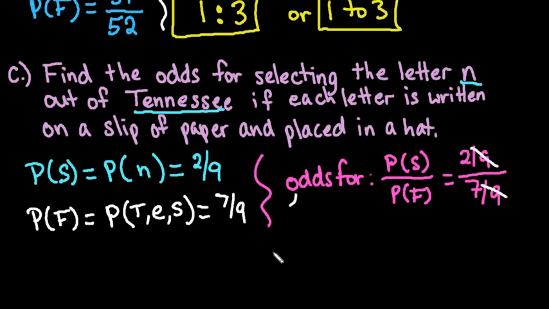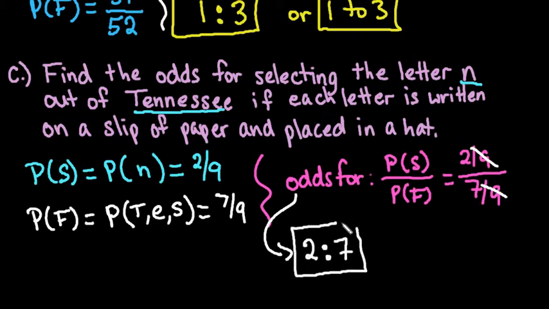So we can say the odds for selecting an N are 2 to 7, because 2 of the 9 letters in the word Tennessee match the letter we are looking for and 7 do not. You could also write it as 2 colon 7.